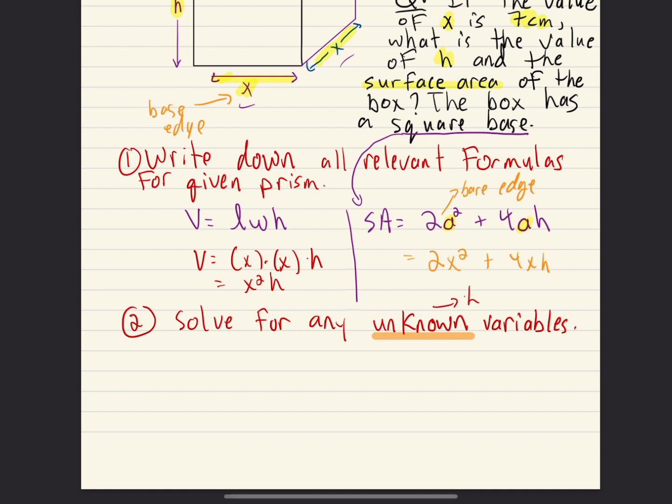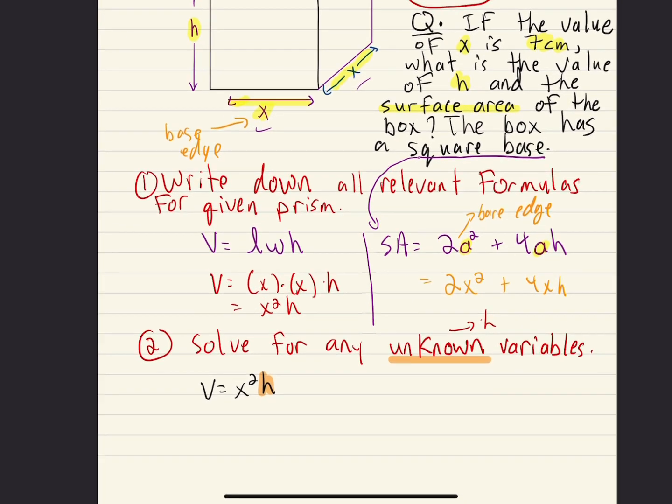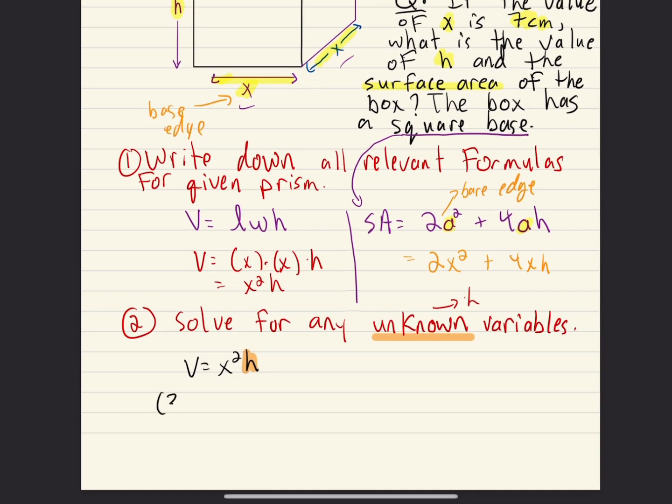Really that's just going to be x squared h. So we could use the volume formula, V is equal to x squared h, and isolate for h since we're given the volume and the x value of 7 centimeters. So the volume, in brackets, 392 centimeters cubed equals 7 centimeters squared multiplied by h.